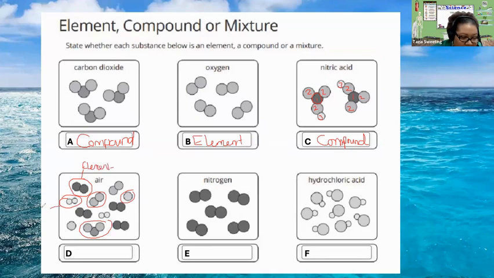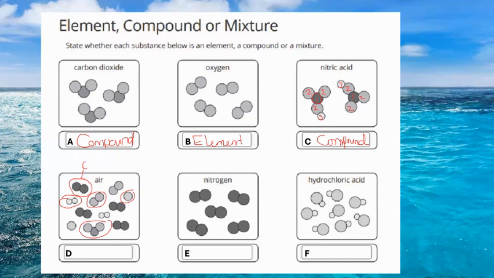This one here is another element. This one is another element, and this one here is a compound. So in this particular diagram, we have a variety of different elements and compounds. So that would be considered a mixture.